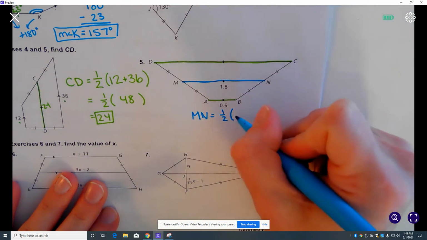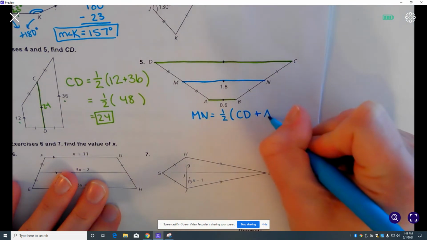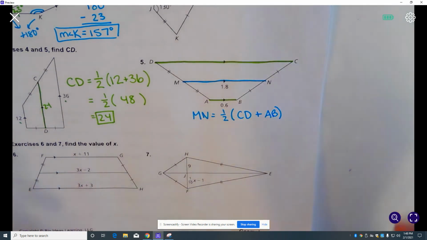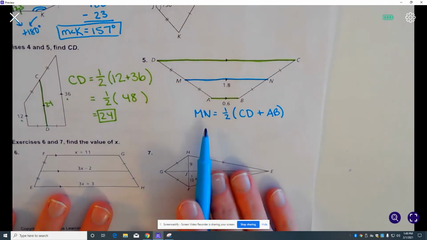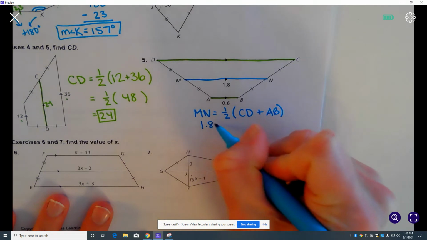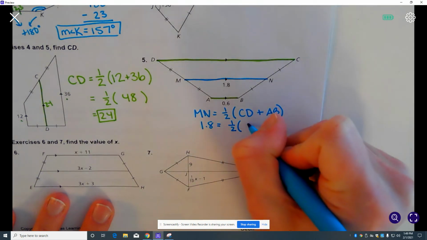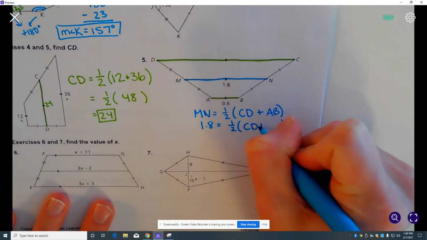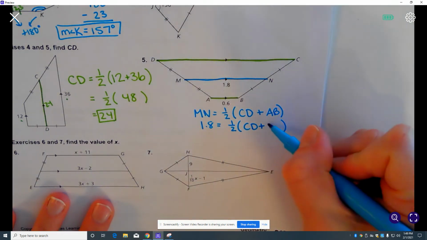So in this case, the length of CD plus the length of AB. Now I'm just going to go ahead and substitute the lengths I do know into my formula. So I know the length of the mid-segment MN is 1.8. I don't know the length of CD, that is what I'm trying to find. The length of AB is 0.6.